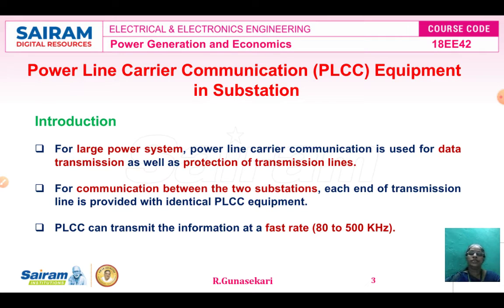For communication between two substations, we use power line carrier communication equipment. Each end of the transmission line is provided with identical equipment. It can be used to transmit information at a fast rate, that means 80 to 500 kilohertz.